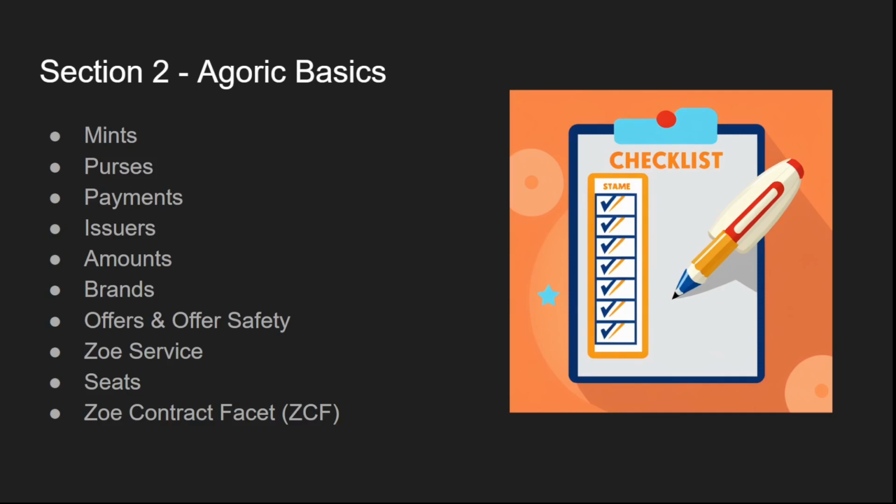We'll explain seats, which are used by contracts and users to access or manipulate offers, playing a key role in contract interactions. And finally, we'll discuss the Zoe Contract Facet, or ZCF, an API for running a contract instance that facilitates interactions with the contract.